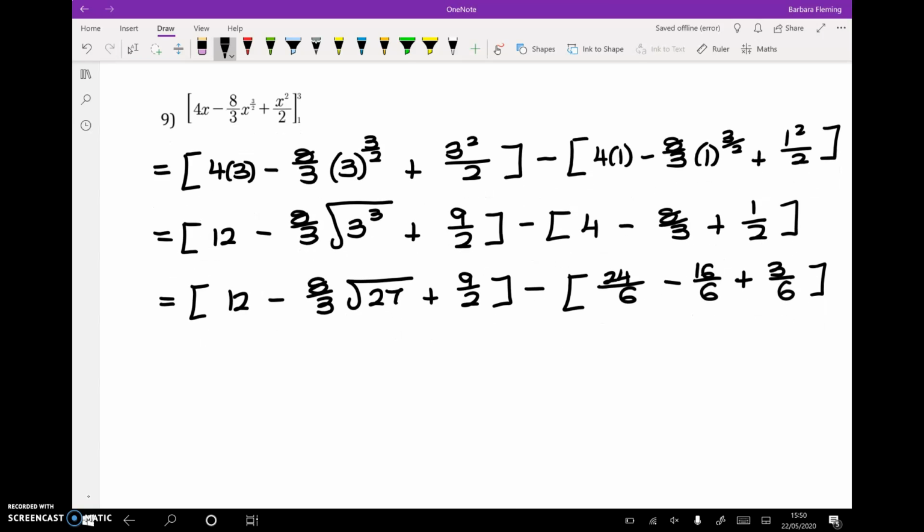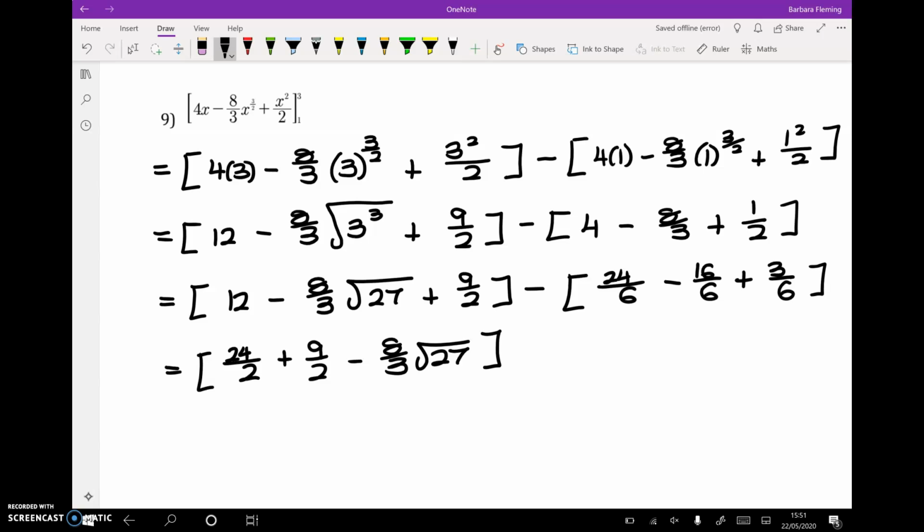Then over here, looking a little bit more complicated, I'm just going to leave that middle term. There's nothing to tidy. That root makes it really messy. But what we can do is collect together our 12 and our 9 over 2. So 12, again, common denominator, 24 over 2, plus 9 over 2. And I'm going to deal with that later on.